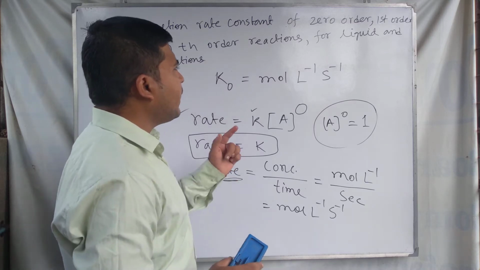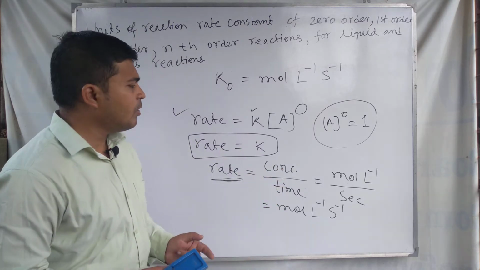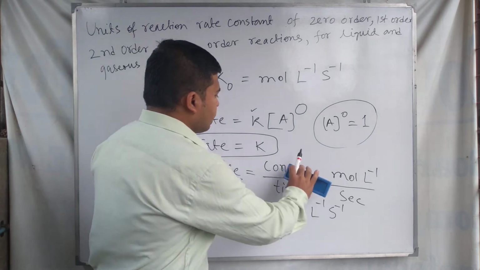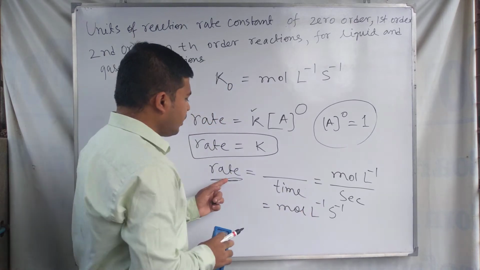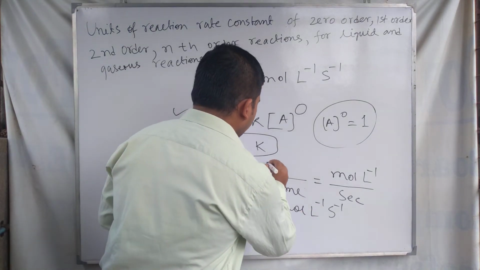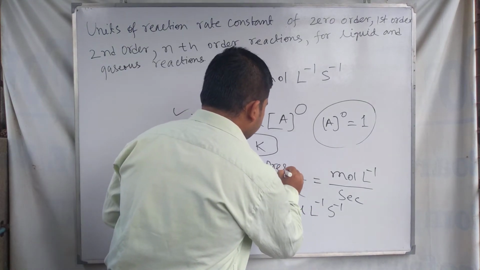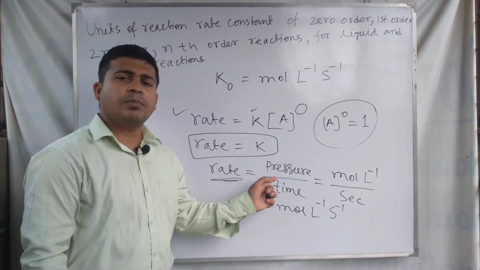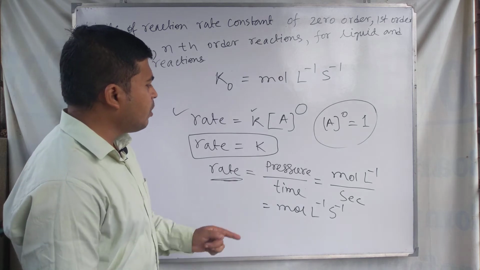But if the reaction is taking place in a gaseous medium, then the rate of the reaction is expressed as change of pressure by time, because the partial pressure comes into the expression.